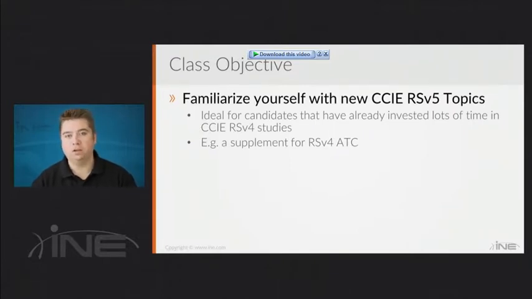So maybe you were studying for the past 6 months, then you weren't able to get a version 4 lab date, and now you're faced with the version 5 blueprint. So you could think of this as kind of a brief supplement to the version 4 Advanced Technologies class, which if you don't want to have to start all the way from scratch with the version 5 Advanced Technologies class, you just want to see what's the difference between the topics, that's basically what we're going to be covering here.